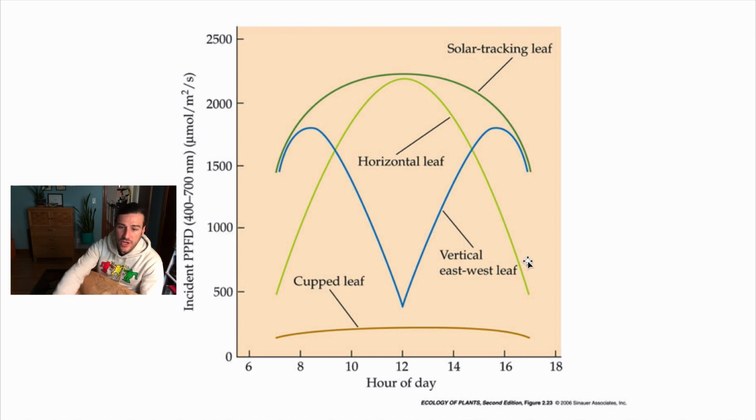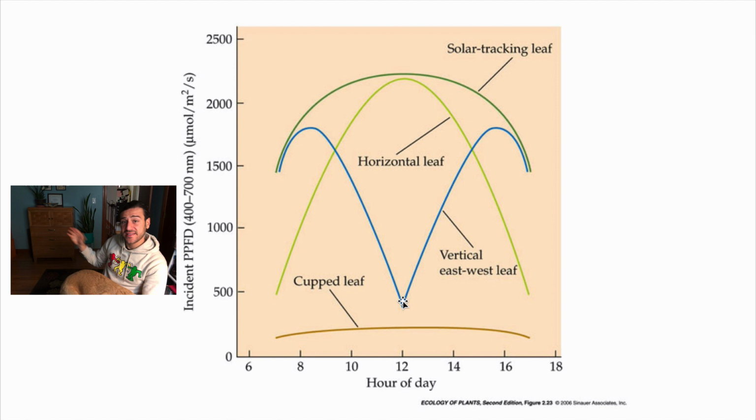Because of this, during the most intense sunlight time of the day, which is 12, when the sun is right above, it actually receives the lowest amount of light throughout the entire day. Obviously, besides when the sun just isn't there.